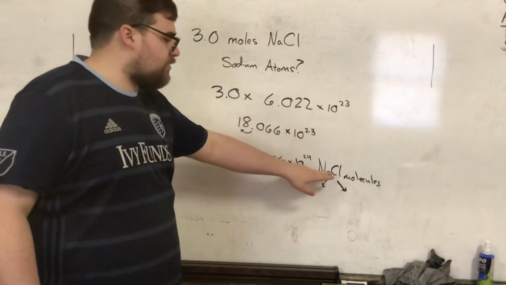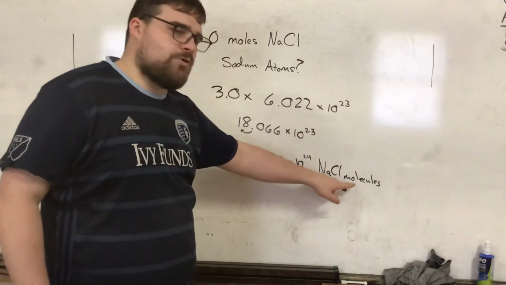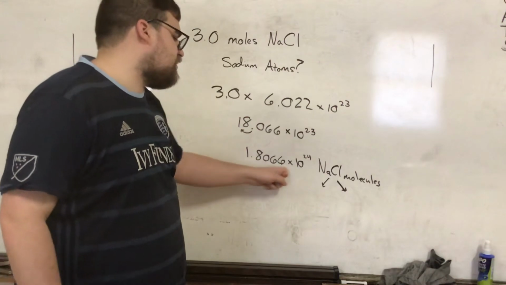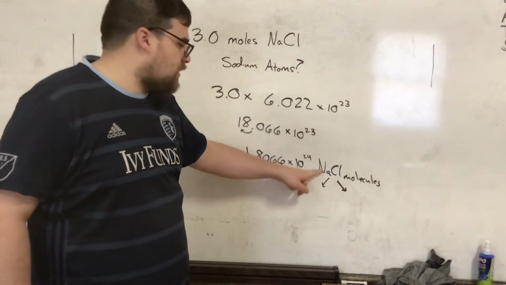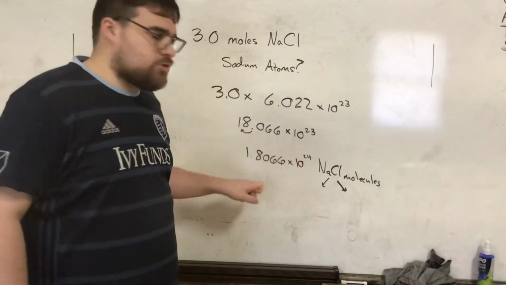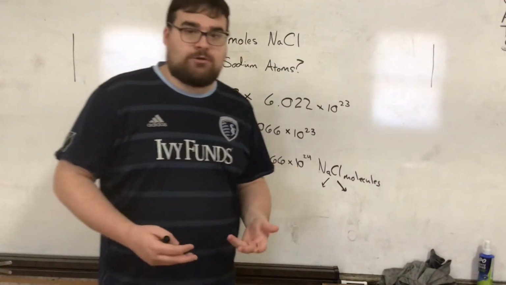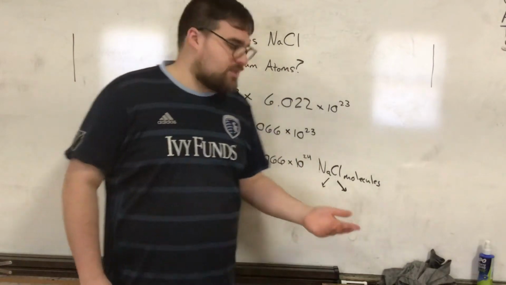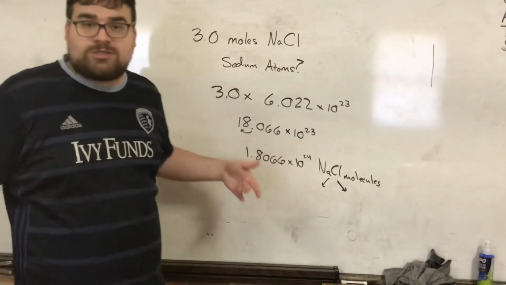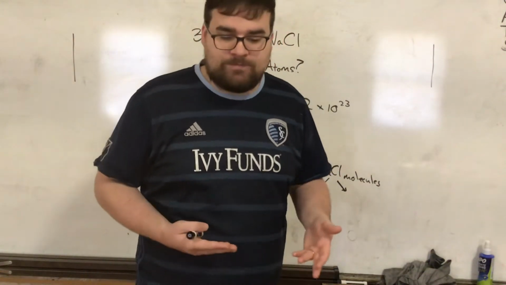So if we broke this apart, then we have 1-to-1 ratio, right? For every single one of these salt molecules, we have a single atom of sodium. So that is a 1-to-1 ratio. So that means this is how many sodium atoms we have.